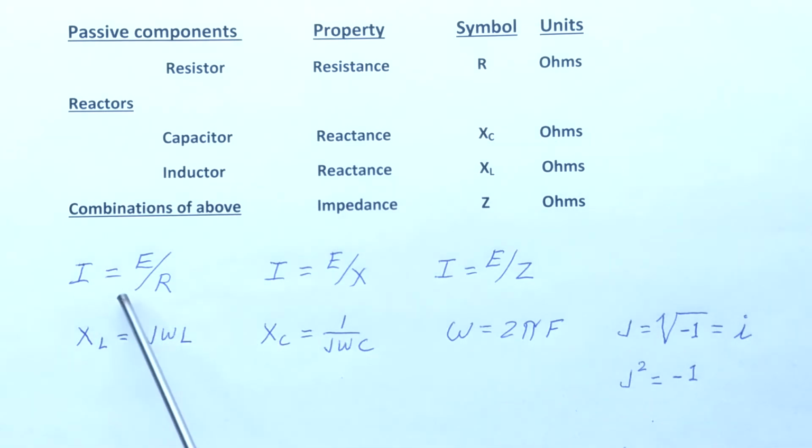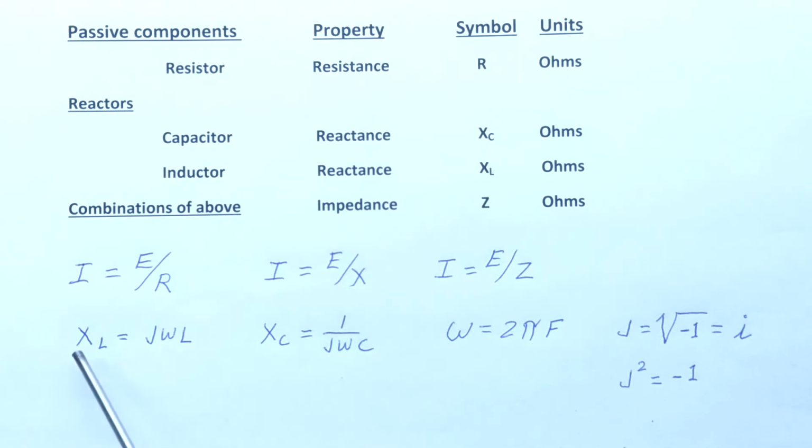In the case of resistance, it doesn't matter whether it's DC or AC. The same formula applies. But when we're dealing with capacitors and inductors, we're using a sinusoidal AC waveform at a given frequency.